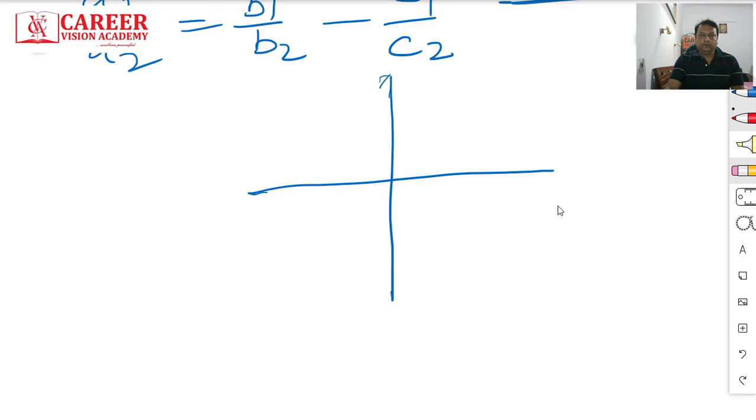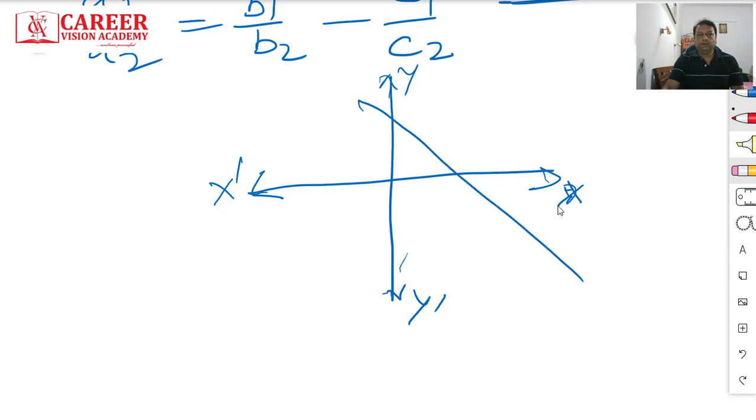This is the y-axis, y dash, x dash. If you have two straight lines, the point where they intersect is the solution.